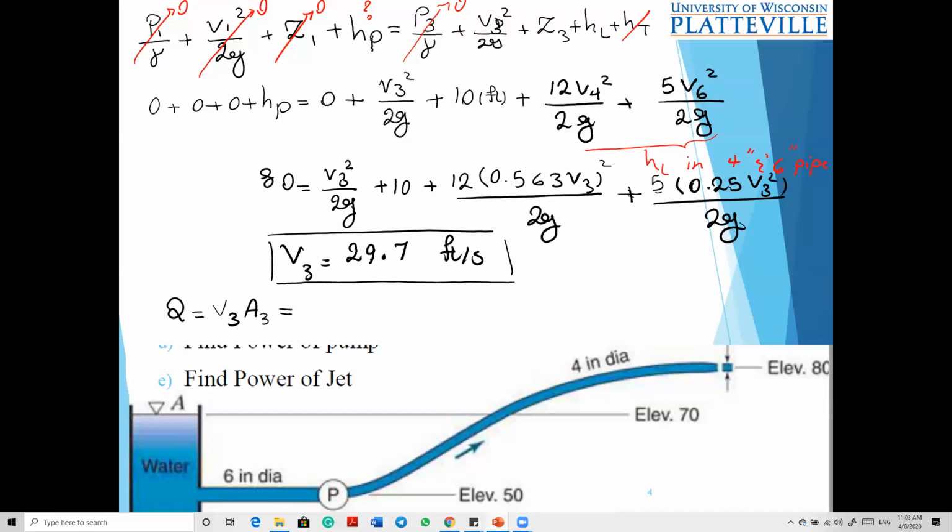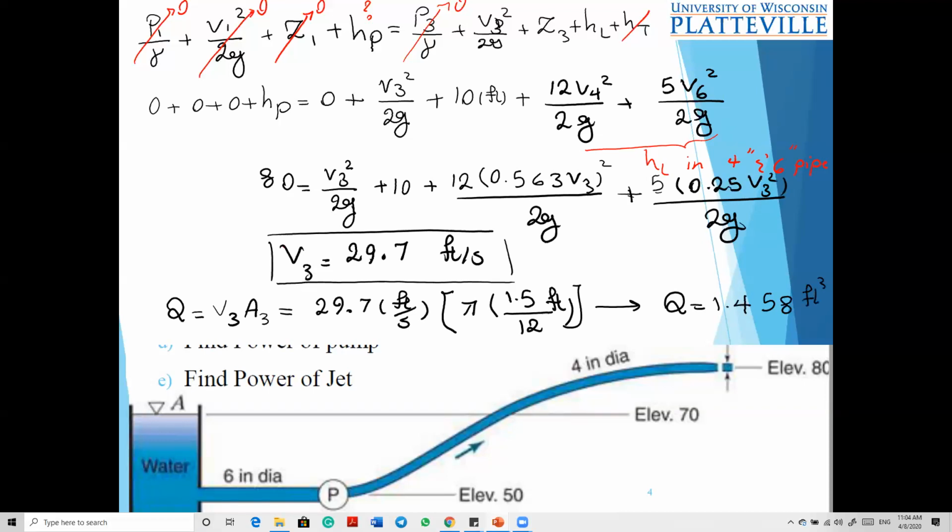So the velocity is 29.7 feet per second, and the area is pi, the radius is 1.5, the diameter is 3-inch, with inches converted to feet, and from here you can find the flow rate. What is the flow rate? It's 1.458. Don't forget about the unit.